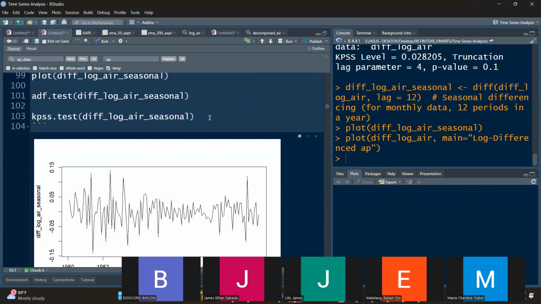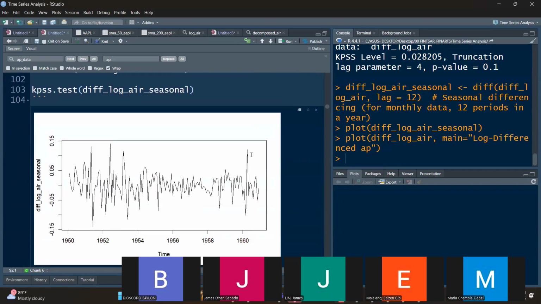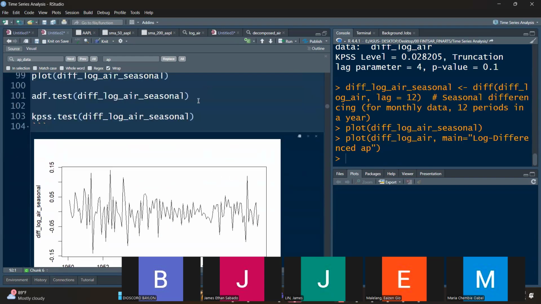Same thing, if we get the KPSS test, it will return, and let's identify that null is equal to level.